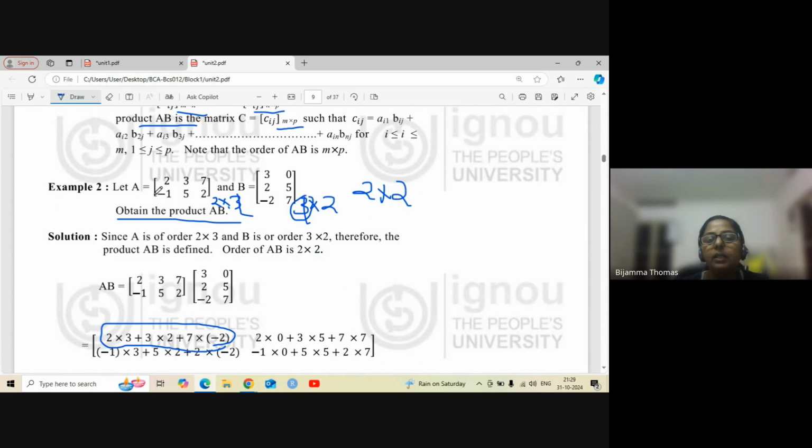The second row multiplied by the first column, you get the element A21. The second row multiplied by the second column, you get A22. A11, A12, A21, A22 is our resulting matrix.